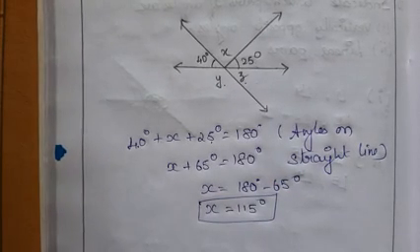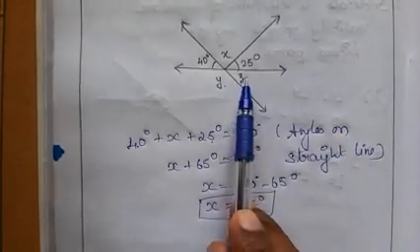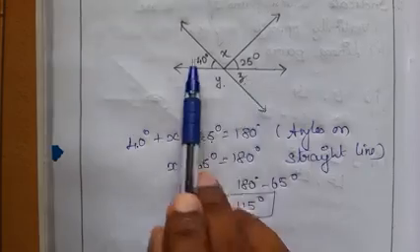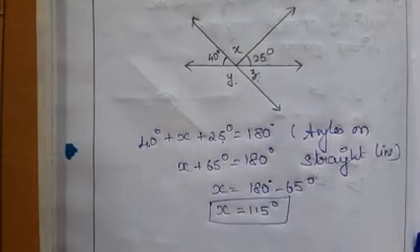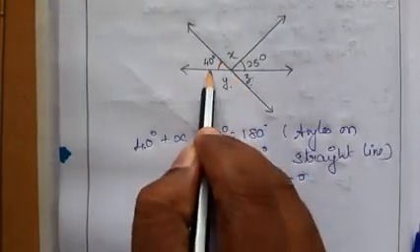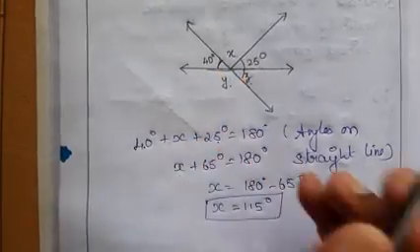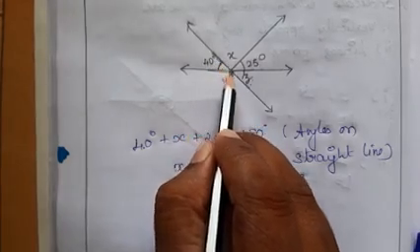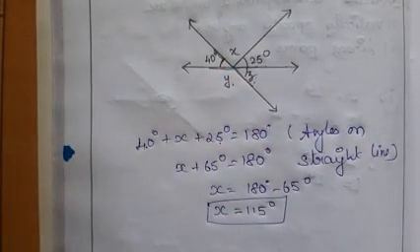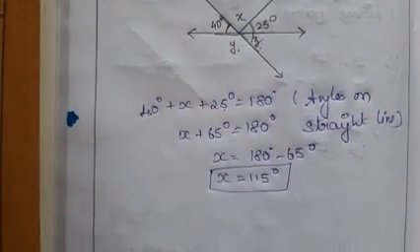And z is very easy, right? Z we can get just opposite. It's a vertically opposite angle. These two are straight lines, this line and this line, right? So this angle and this angle are equal. So only y. You can see y and 40 degrees are a linear pair, right?